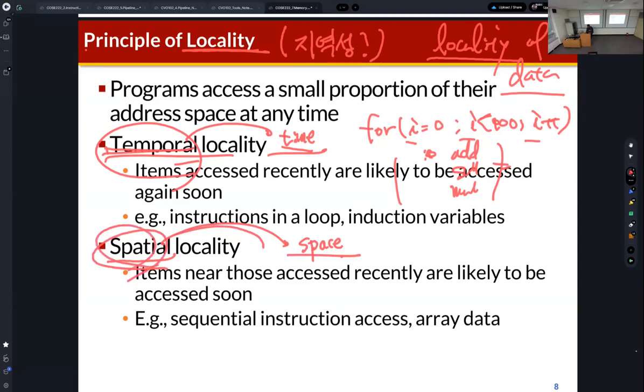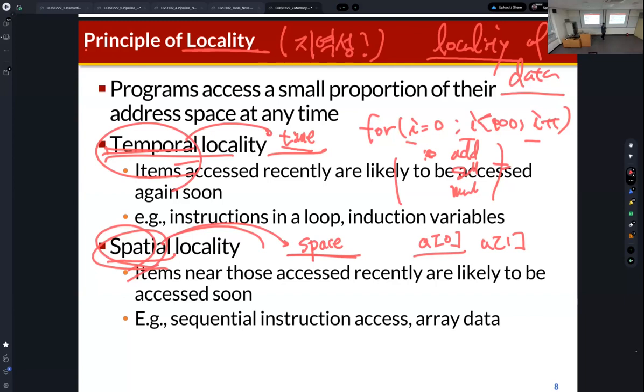So what is spatial locality? Spatial represents space-based. Spatial locality means that if a certain data is accessed, like A0, then with high probability our program will access A1, obviously.